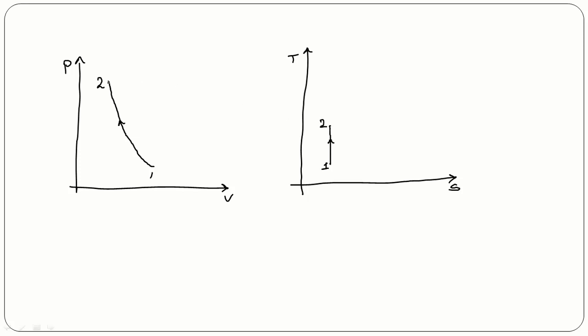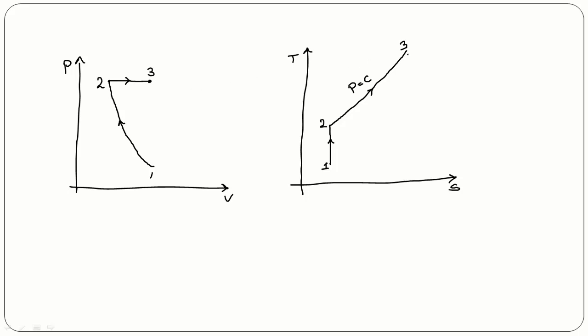2 to 3 is constant pressure heat addition. So when heat is added at constant pressure, the volume increases as the temperature increases. So process 2 to 3 in the PV diagram looks like this. And in the TS diagram, you'll have constant pressure heat addition like this.